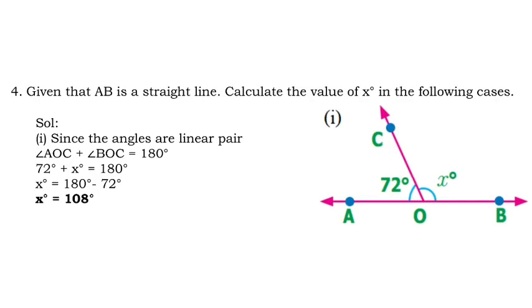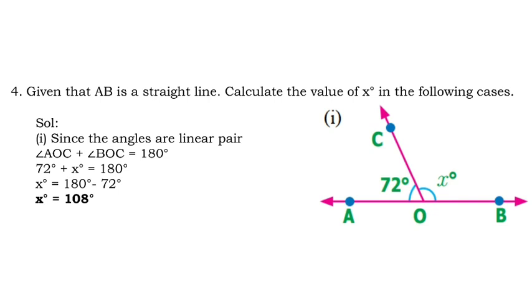Fourth question, given that AB is a straight line, calculate the value of x degrees in the following cases. Solution, since the angles are a linear pair, angle AOC plus angle BOC is equal to 180 degrees. 72 degrees plus x degrees is equal to 180 degrees.